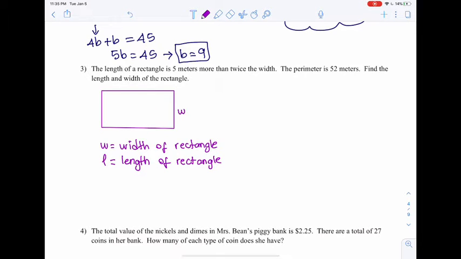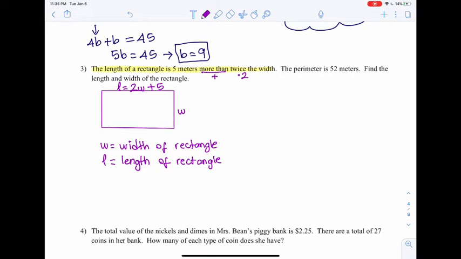We have information about length here, so we're going to use it. 5 meters more than means plus, twice means times 2, the width. So we can call the length 2W plus 5.